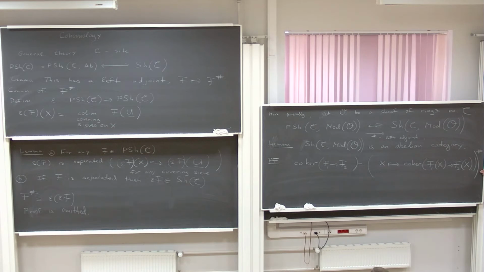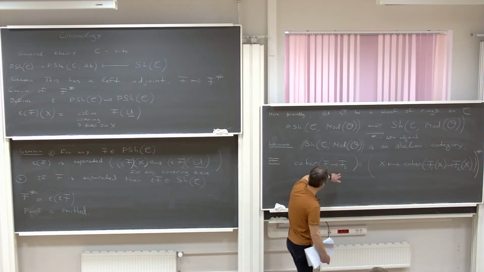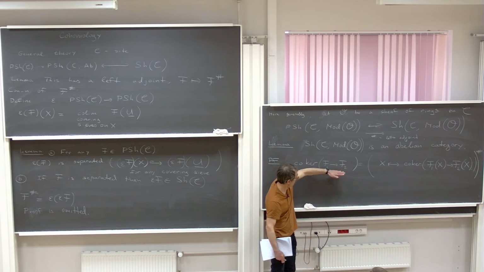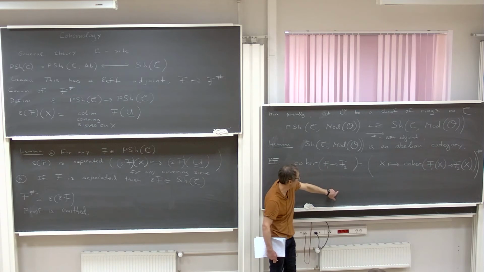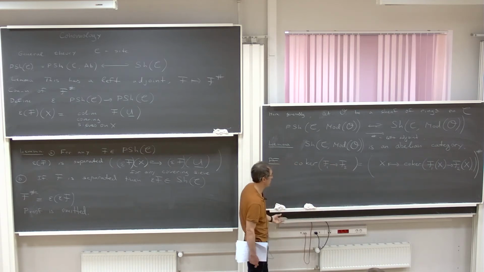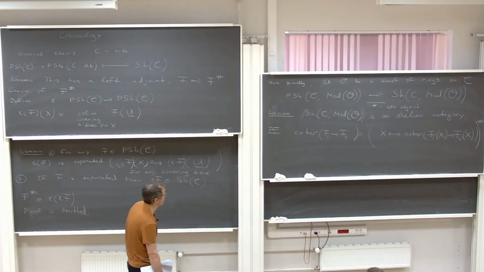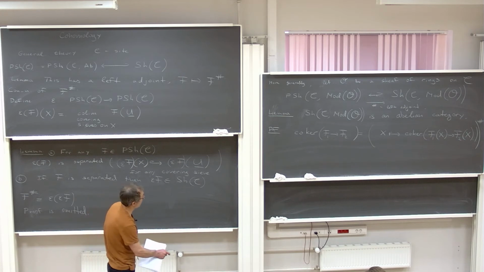Rather, this is a statement that indeed, giving a map from this sheaf to any other sheaf G is the same as giving a map from F2 to G, such that the composition with this arrow is 0. So, okay.